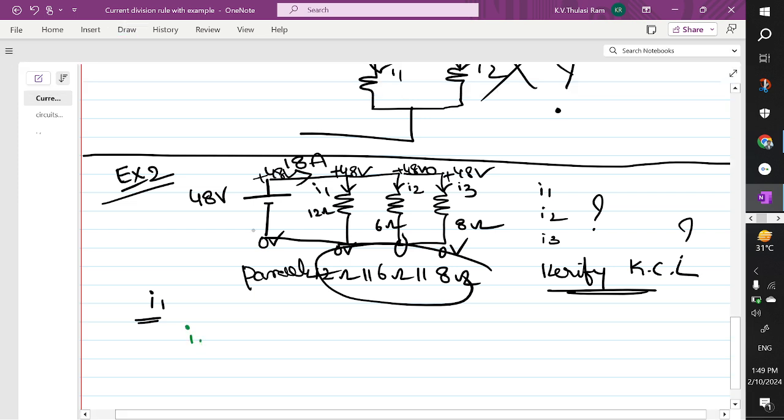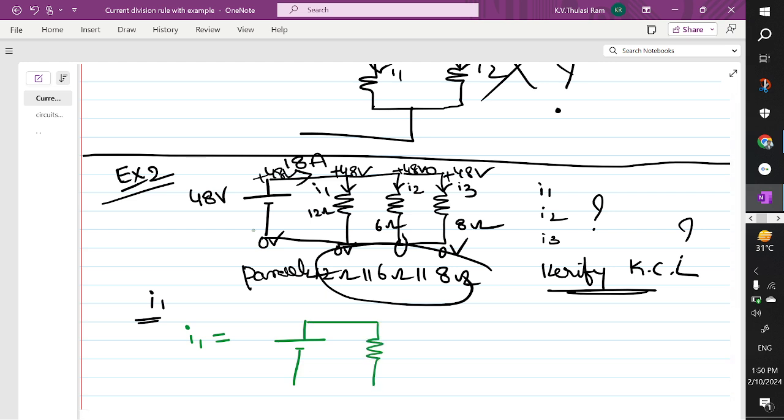So now we need to find the current I1. To find I1, we have to redraw the circuit. We have the same voltage source, and I'm drawing the branch in which we want to find I1. Here the total current is given as 18 amperes and the voltage is 48 volts. With respect to the other two parallel branches, we have to draw one parallel branch.